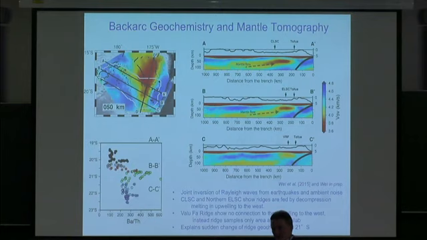You can estimate melt production from the thickness of the crust, then as you go from the north to the south in the Lau Basin, in the north you actually have several spreading ridges in parallel, spreading apart very rapidly.